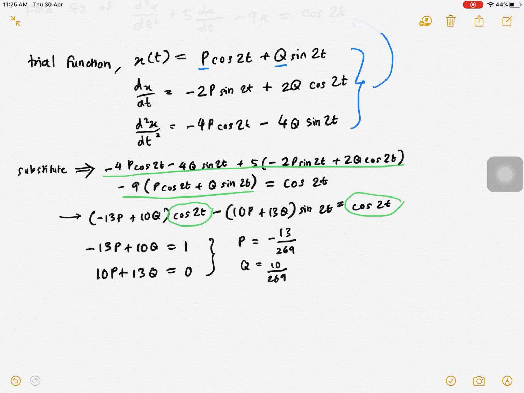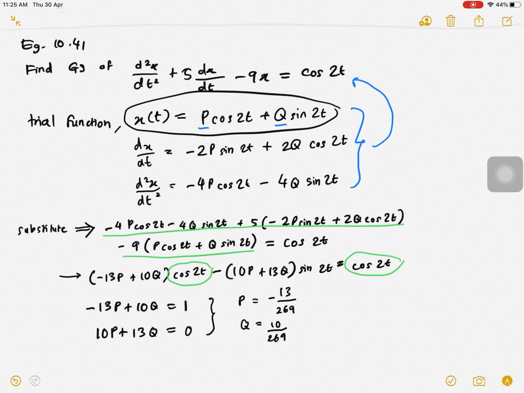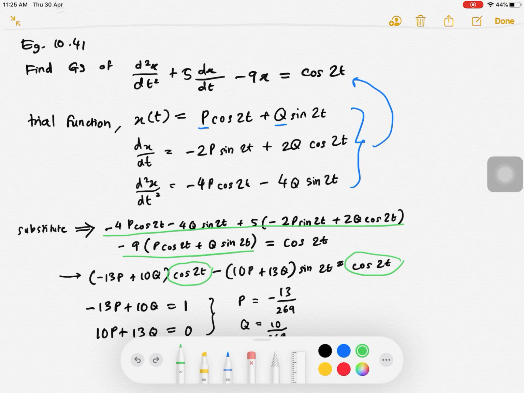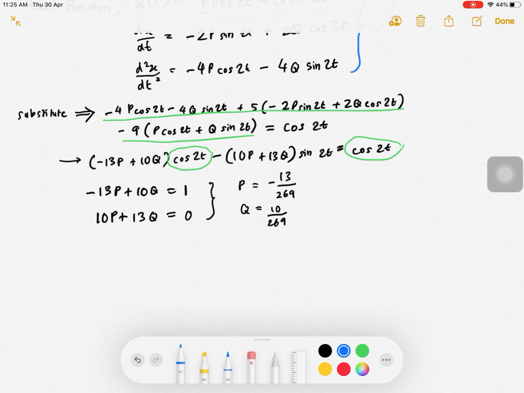Since we have known these constants, we put them back inside this solution. This is actually a solution, so we put these values inside that equation, and we will get the particular integral.